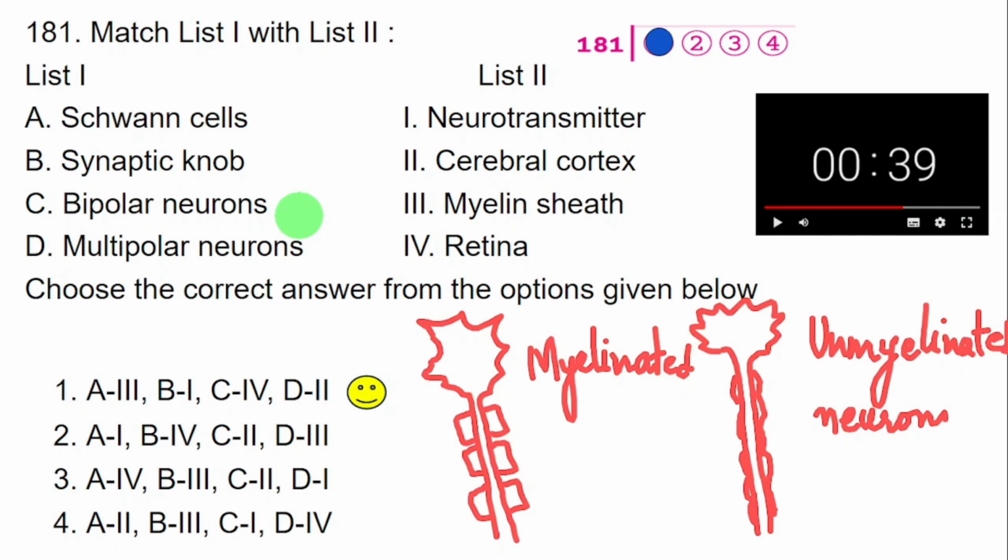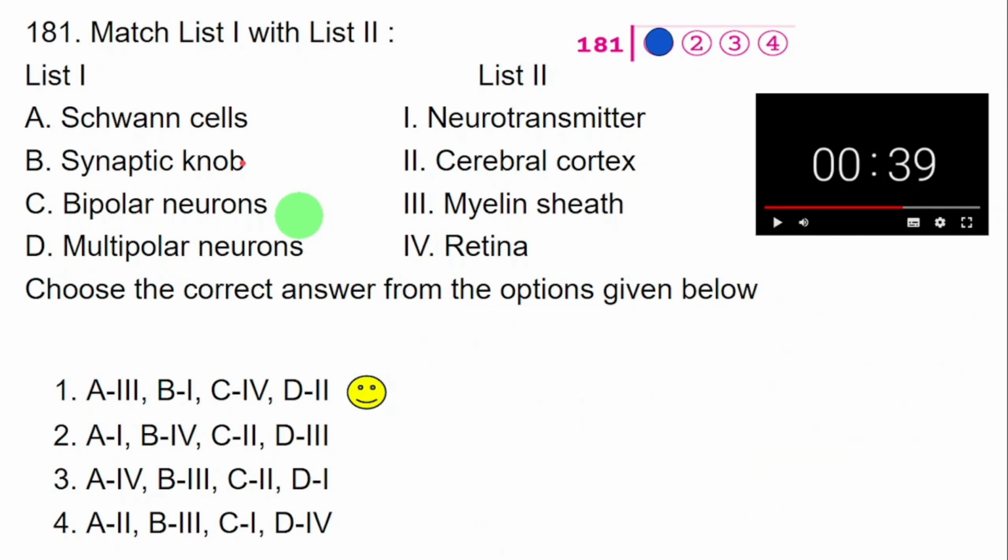And this region where the myelin sheath is not present is called node of Ranvier. The electric impulse moves from one node to the other node. This is the reason why the nerve signal is transmitted quickly in myelinated compared to unmyelinated neurons. So remember one thing, Schwann cells are present in both cases, but they produce myelin sheath only in myelinated neurons.